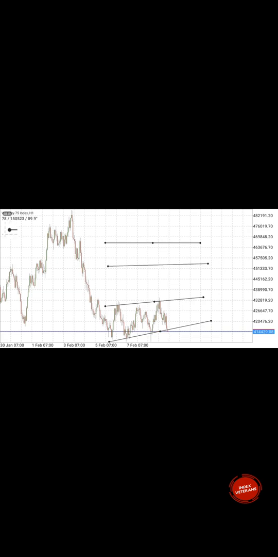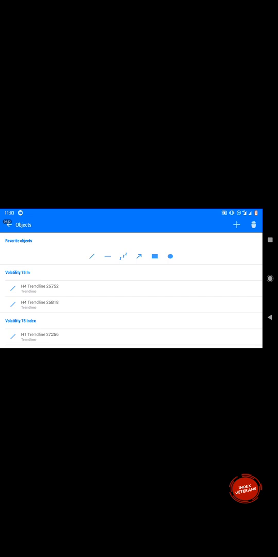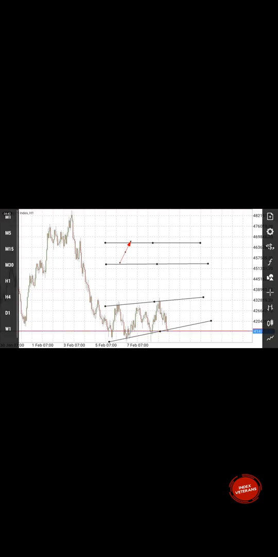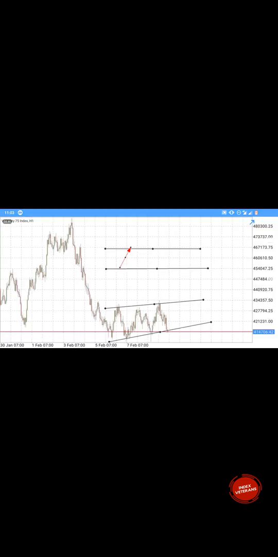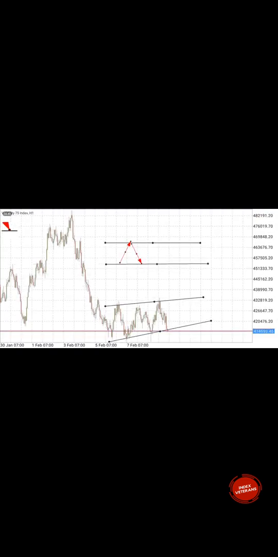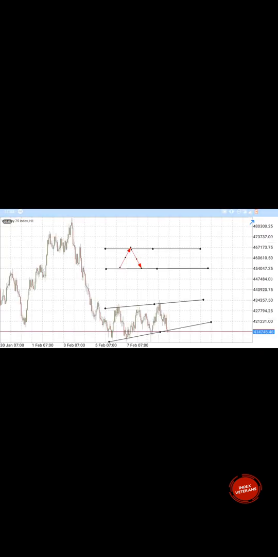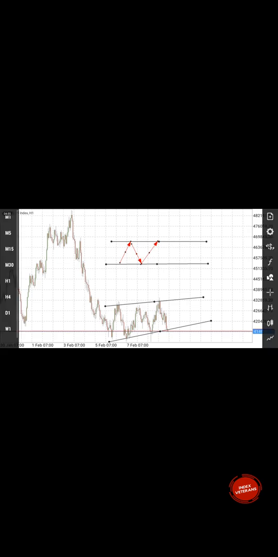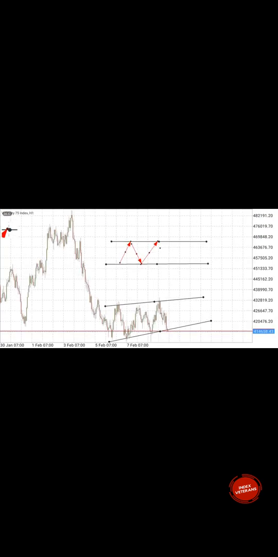We have patterns here which have the same level of lows and the same level of highs, guys. The bounces are usually within. It's just a rough drawing, but you can see that the highs and the lows are exactly at the same level.